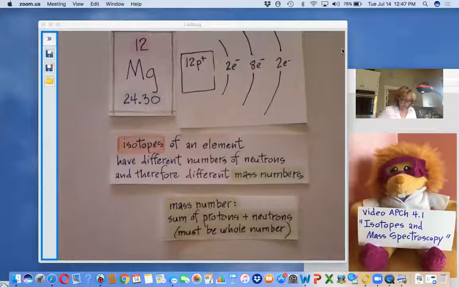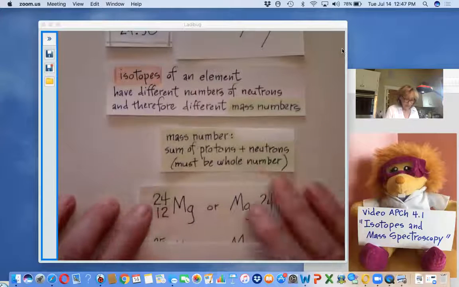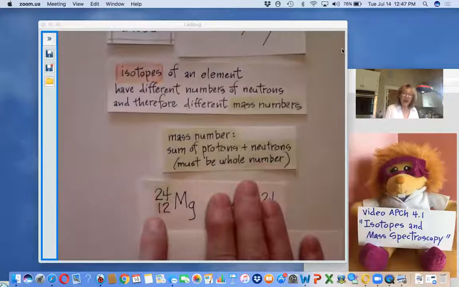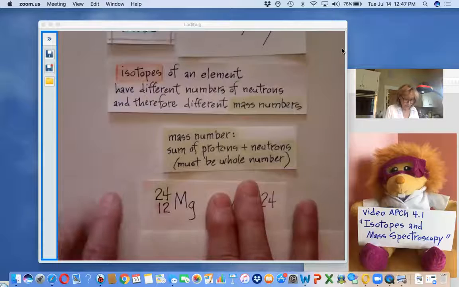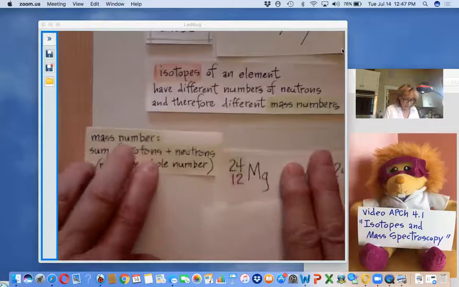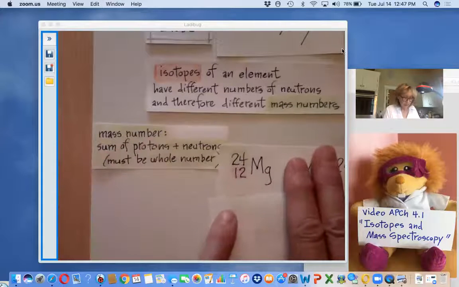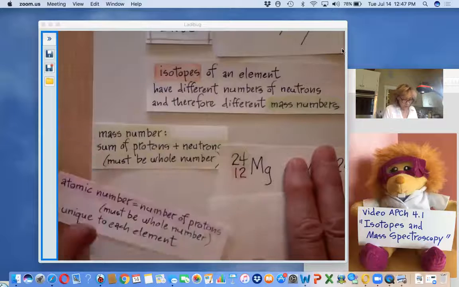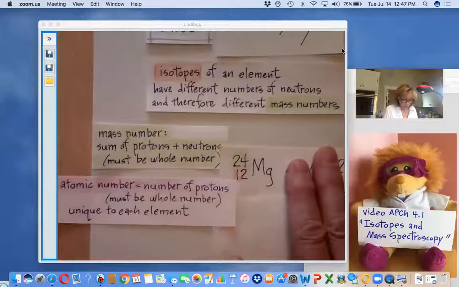That particular isotope of magnesium is given this isotope notation. The mass number is written above the symbol, and the atomic number is written below.